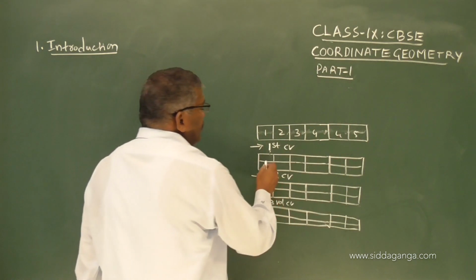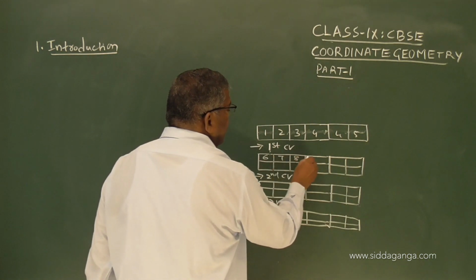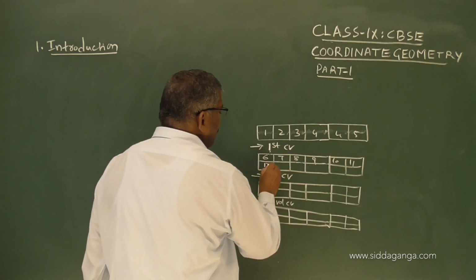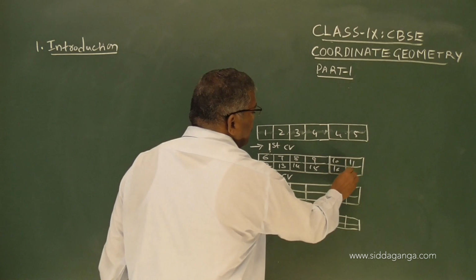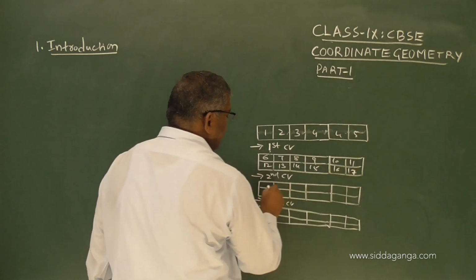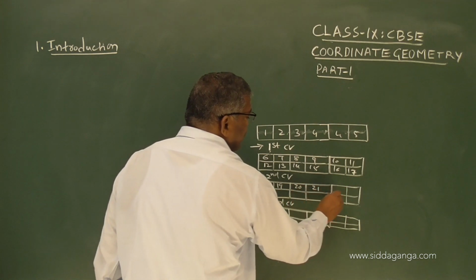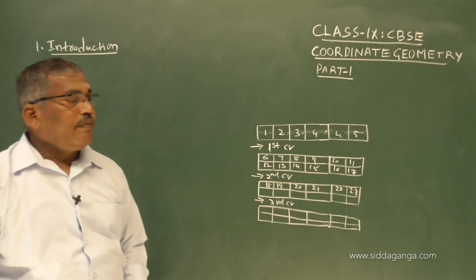Now here I say 6, 7, 8, 9, 10, 11, 12, 13, 14, 15, 16, 17, 18, 19, 20, 21, 22, 23 and so on, let us say.